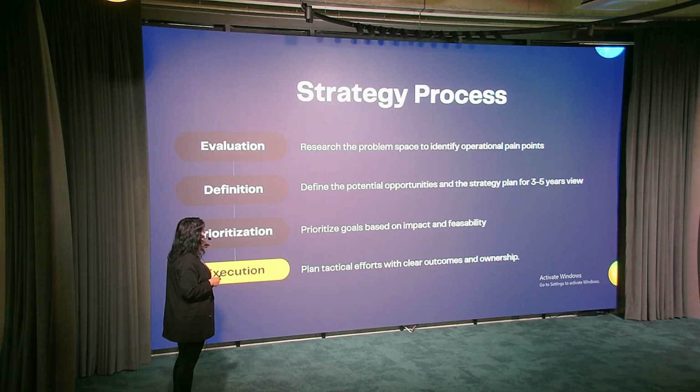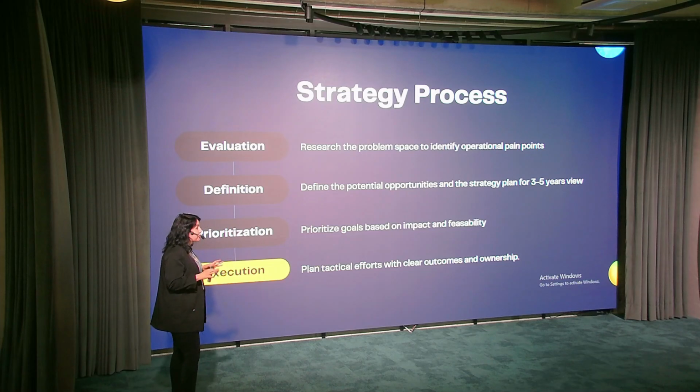Then you go to define the opportunities, and based on the opportunities, you can also define your strategy, hopefully for 3 to 5 years view. Anything shorter than that, I really don't think you can call it a strategy.